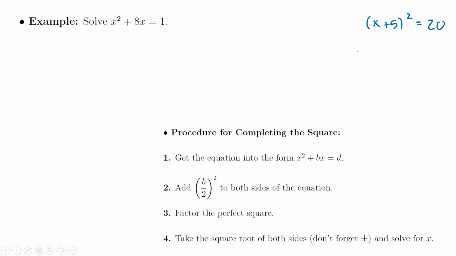When that happened, we understood that as long as we had the thing that's being squared by itself on one side, we could use the square root property, which says that the thing that's being squared is equal to plus or minus the square root of the right side. And we were also able to get x by itself. And of course, something like the square root of 20 could be reduced in the following way.